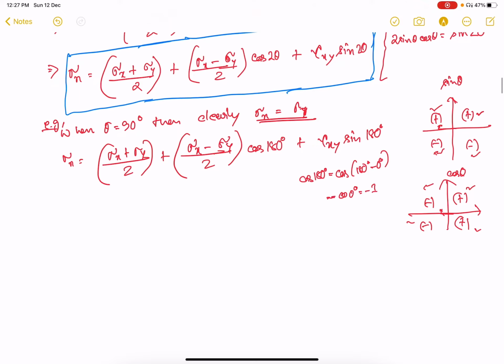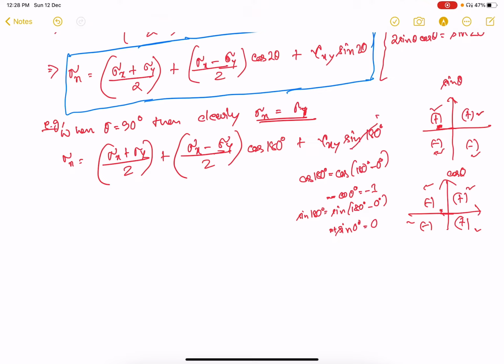Similarly, sine 180 degree is nothing but sine of 180 degree minus 0 degree, in this quadrant sine is always positive, so it is sine 0 degree, and sine 0 degree is 0.